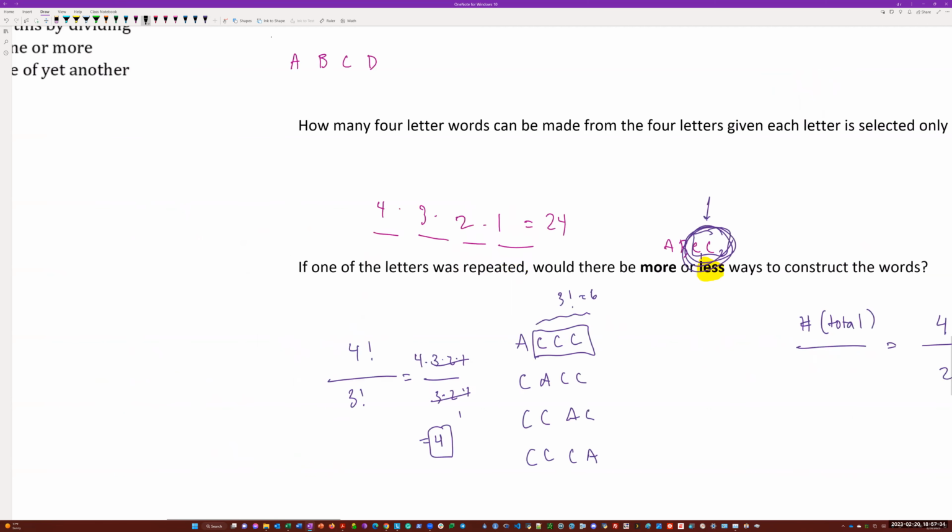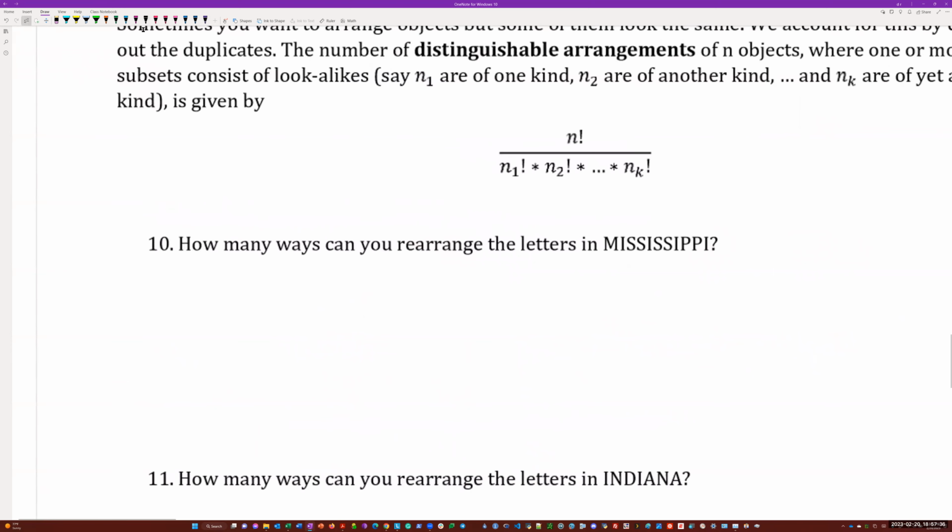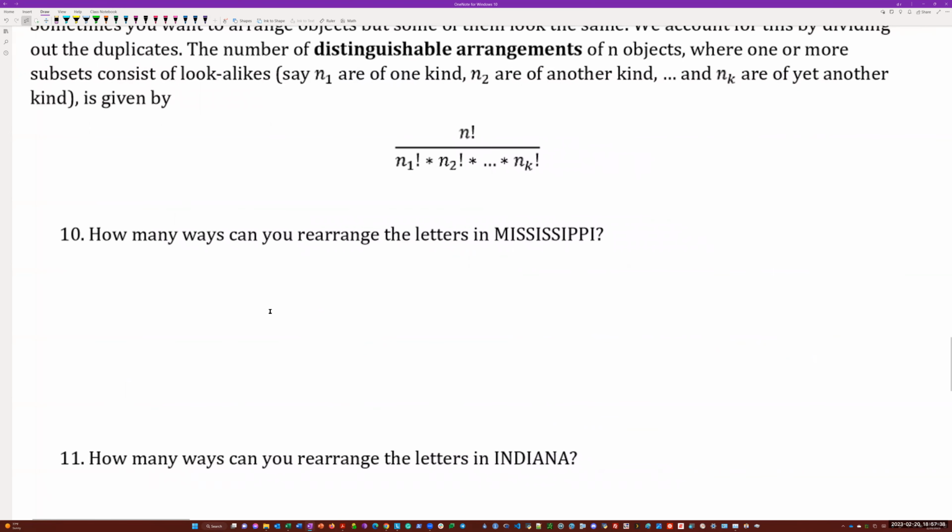All right, so now they want to be annoying and do this with Mississippi. But it's actually pretty easy to do if you understand this rule that I'm going over. These are just the number of ways that each thing repeats. So there's 1 M, 4 I's, 4 S's, and 2 P's.